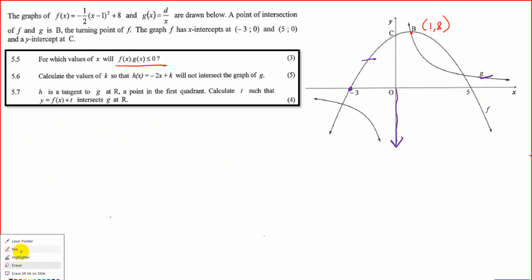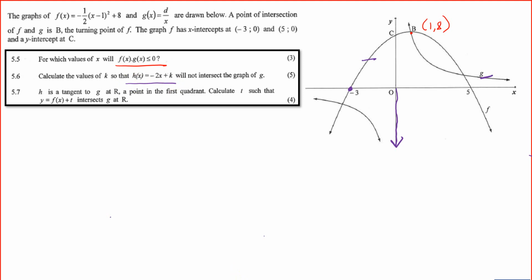And the next question wants us to calculate the values of k so that h of x, minus 2x plus k, will not intersect the graph of g. Okay, for 5.6, it says, when will this graph not intersect?